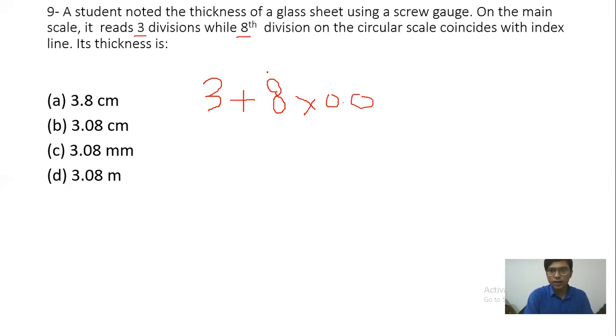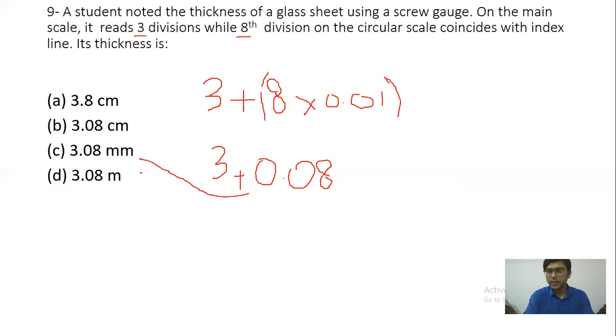So this will become 3 plus 8 multiplied by 0.01, which is 0.08. When we add these numbers, the correct answer becomes 3.08 millimeters. So the correct answer is C, which is 3.08 millimeter. I have shown you the solution.